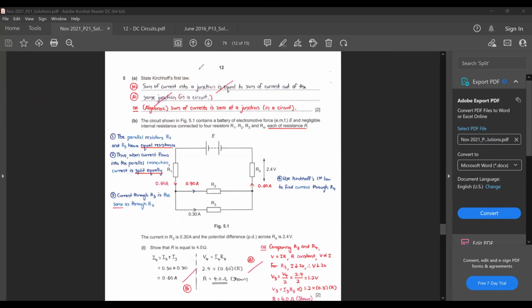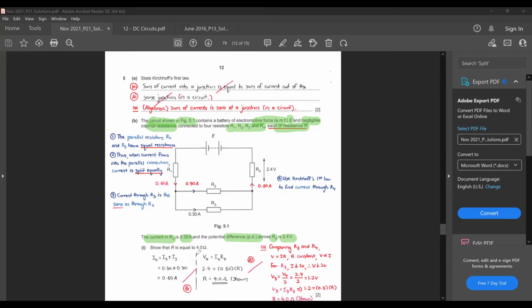Now if you move on to part B, the circuit shown in figure 5.1 contains a battery of EMF E and negligible internal resistance connected to 4 resistors R1, R2, R3, and R4, each of resistance R. The current in R3 is 0.3 amps and the PD across R4 is 2.4 volts.